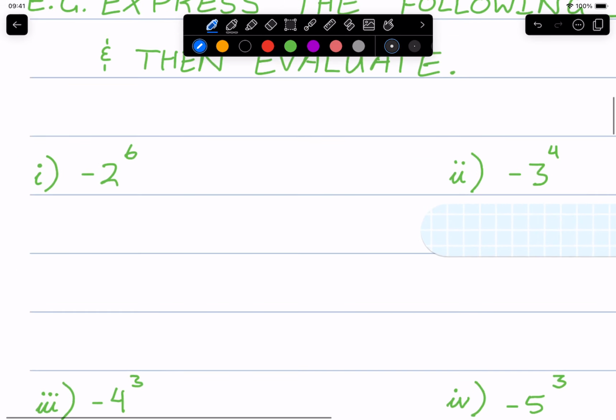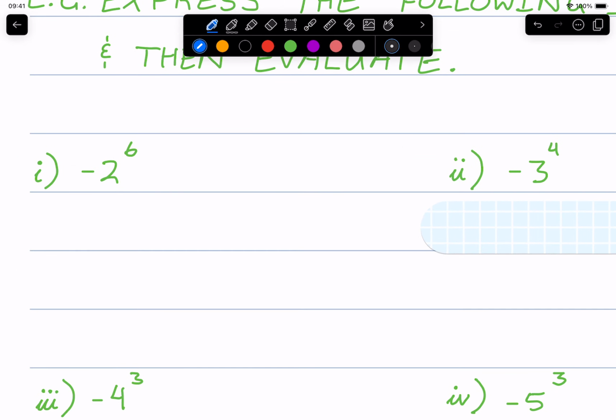So what this means is that whenever we have, let's say, negative 2 to the power of 6, or a negative number to the power of something, it still takes into account that it's going to be negative 2 times negative 2, well, 6 times in this instance.